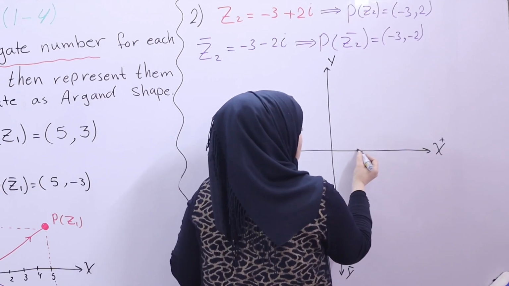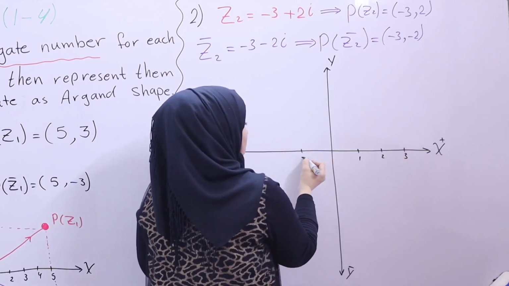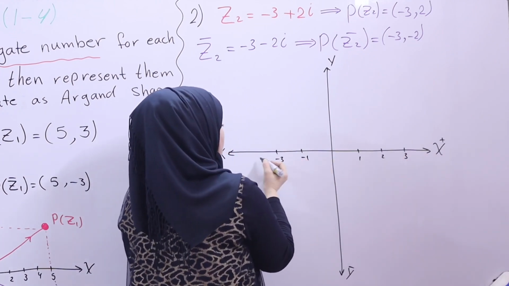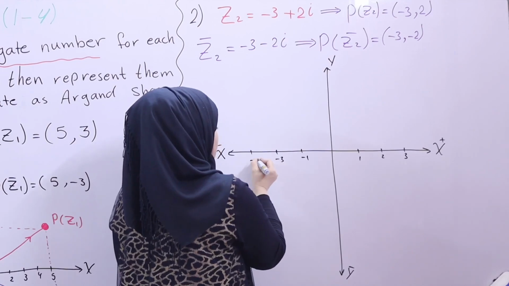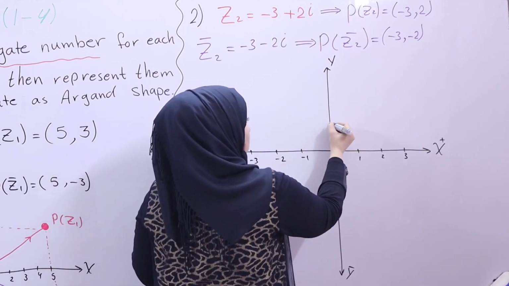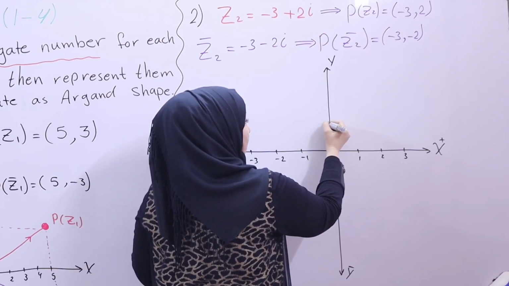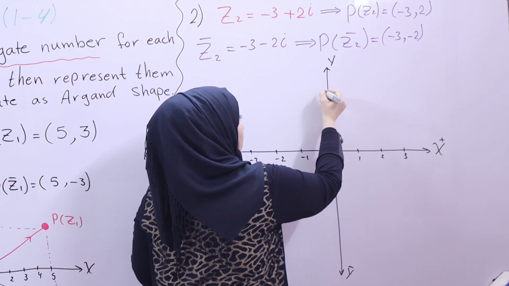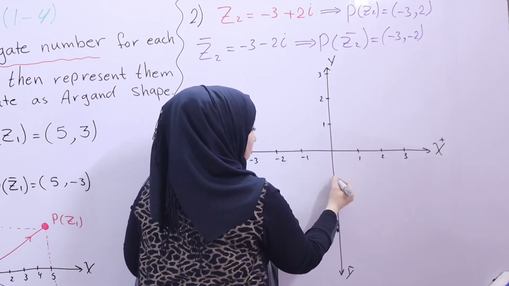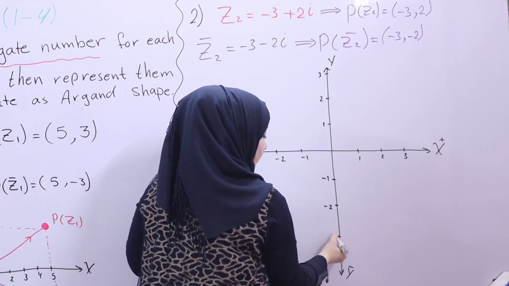So it's 1, 2, 3 negative. We only need the negative direction for x, and here for y we only need 2 and the negative 1, 2, 3, and here negative 1, negative 2.